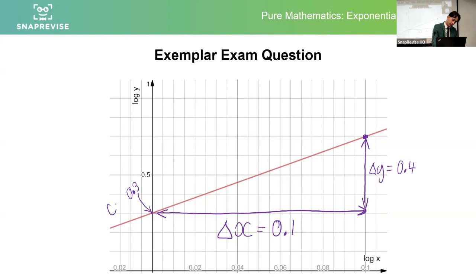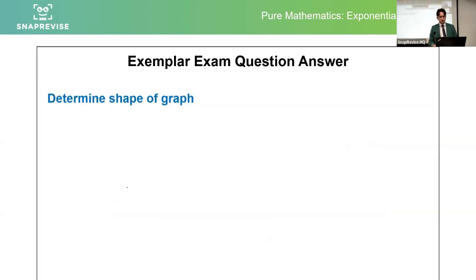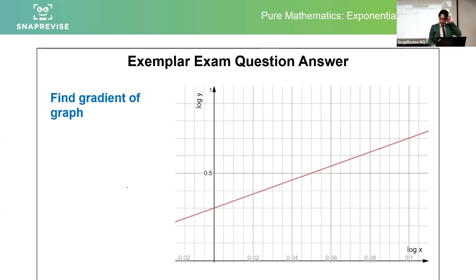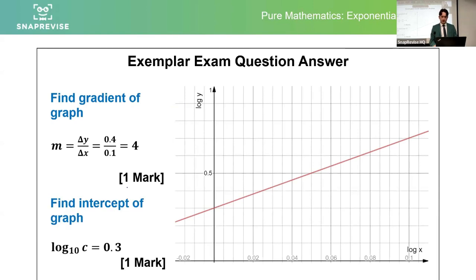Y-intercept is 0.3. So shape of the graph, because it's log base 10 of y and log base 10 of x, it was of that form. So if we looked at the gradient, which we did, 0.4 over 0.1 is 4, and the y-intercept was 0.3.